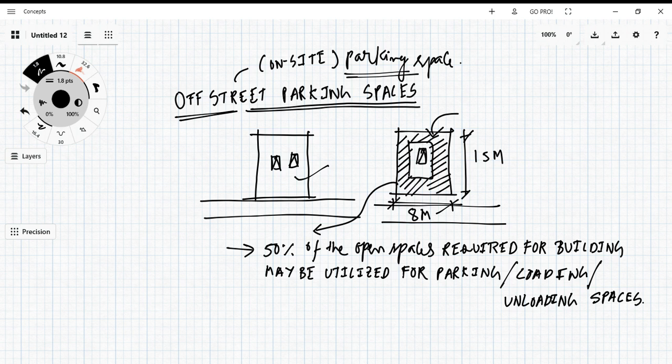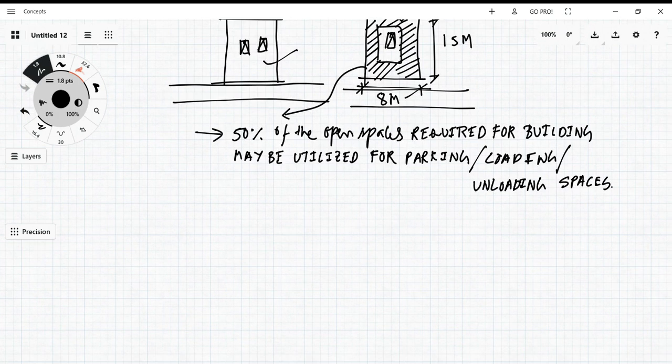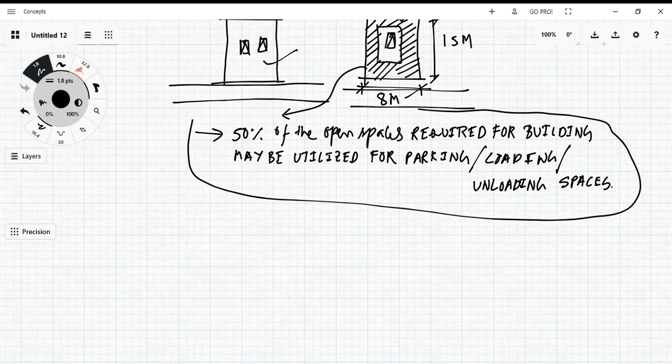Okay, this is an important point, guys. 50% of the mandatory open spaces, that means setbacks required for the building, may be utilized for parking, loading or unloading spaces.